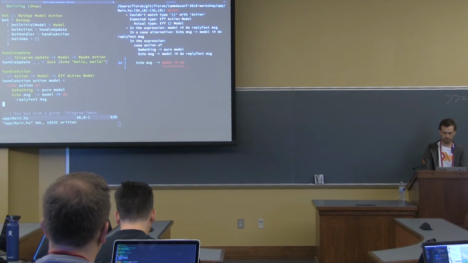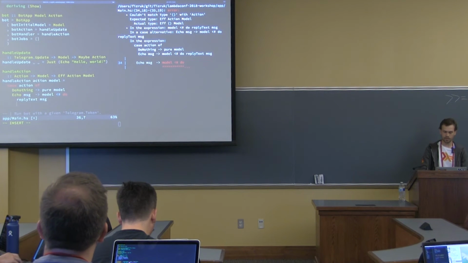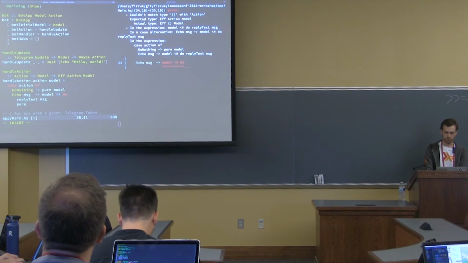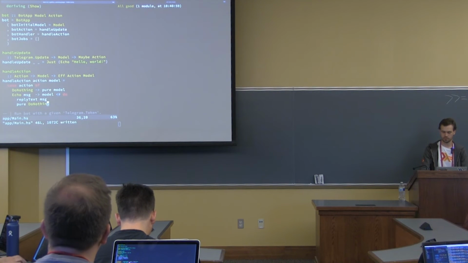However, that's not the end of it. So any action, like impure stuff, should result in some action. And here we don't want to do anything more, so we just tell our bot to do nothing at the end of it. Okay.